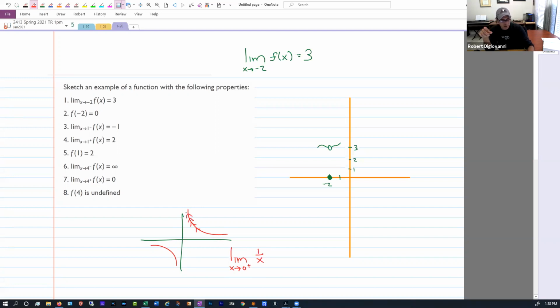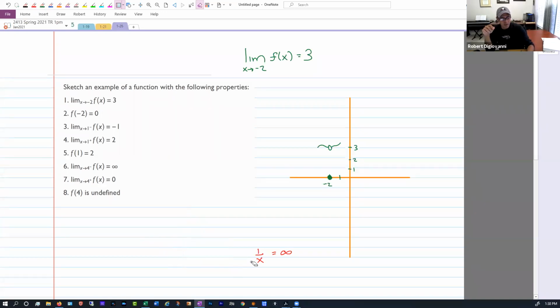I think Daniela told us earlier that that was headed to infinity from the right. So our answer here would be infinity. Okay, thank you. No problem.